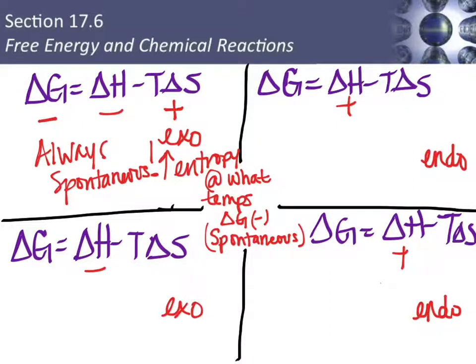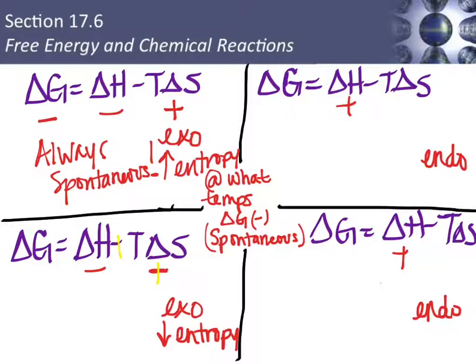This time, if I have my exothermic reaction and I decrease my entropy, which means my delta S is negative, then when we do all the math, we now get a positive over here, and delta G is negative.